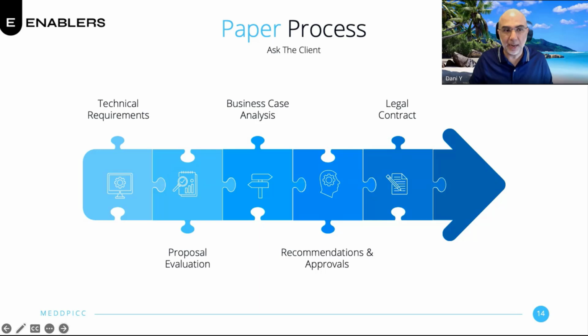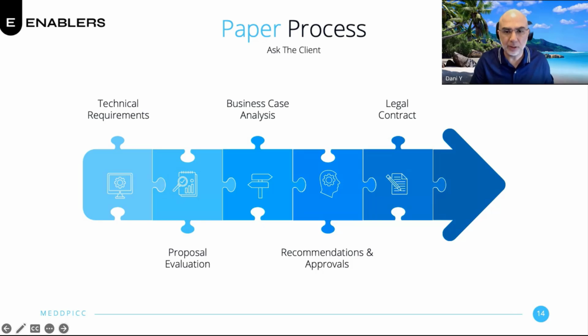And based on that analytical work, they then write down a set of recommendations for the approvers to consider. Once approved, that process then moves to a legal review and a legal contract, hopefully, in most cases.